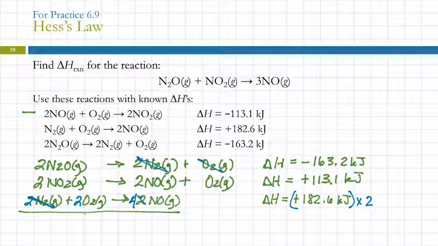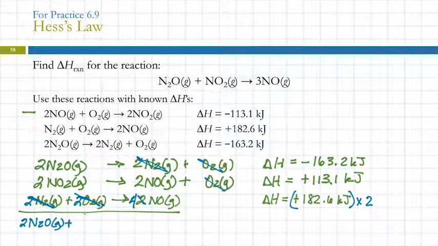And I've got 2 oxygens and 2 oxygens, and those cancel out. What's happening is I made 2 nitrogens and I used 2 nitrogens. I made 2 oxygens and I used 2 oxygens. So they're not around anymore.